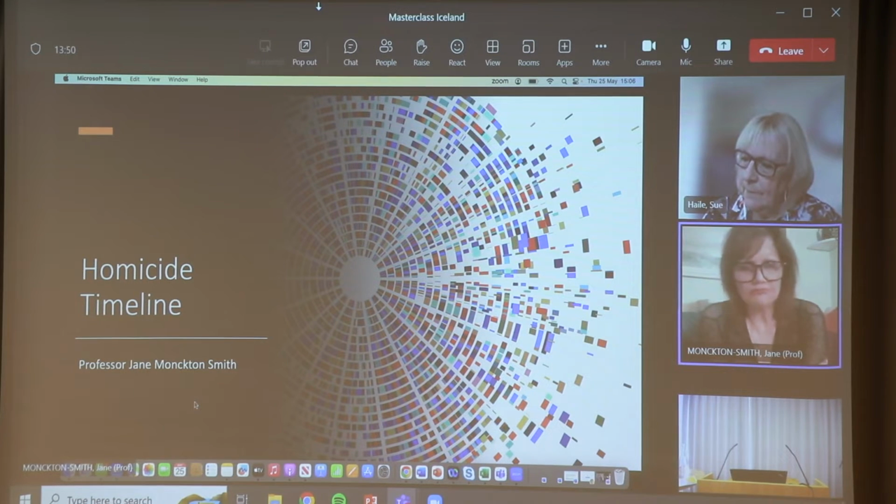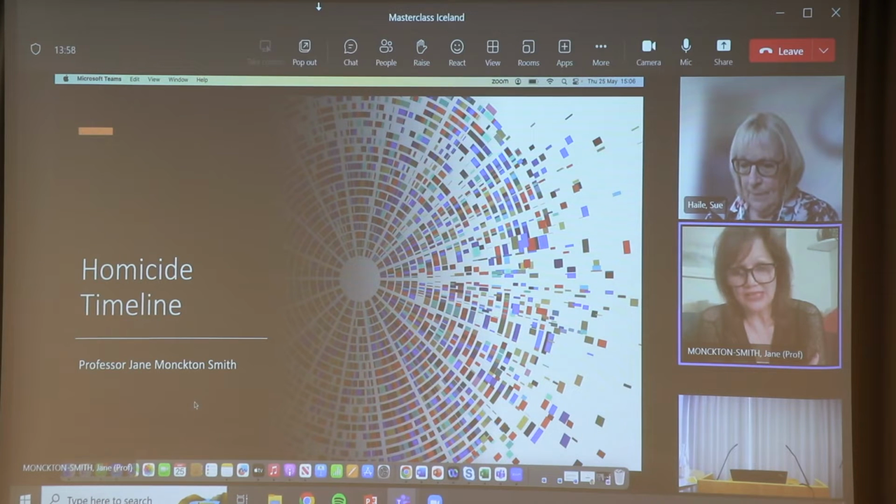So for decades and decades, if not longer, we have understood domestic abuse largely through the lens of violence and assaults. But we all know that it's much, much more than violence.